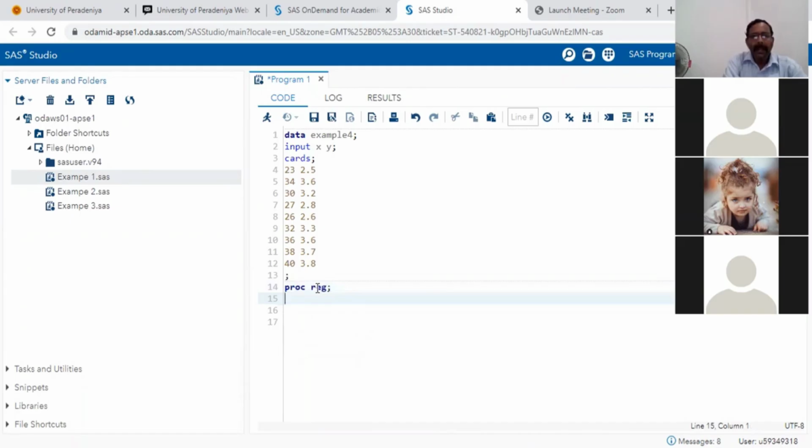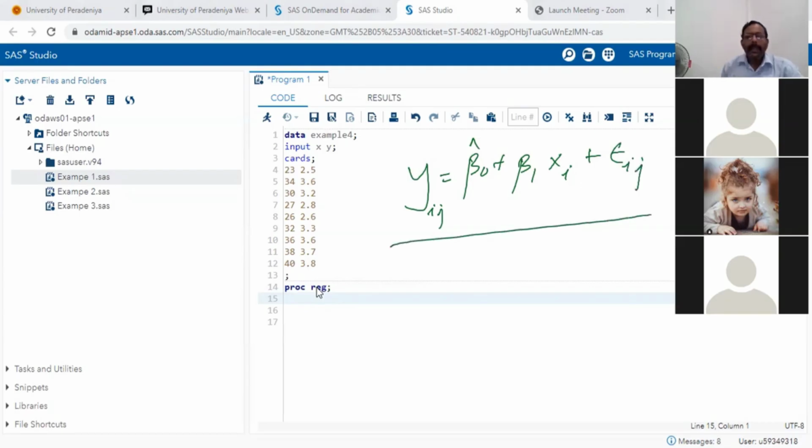Then you see here we have two variables. Have you seen something like this? Simple linear regression model.